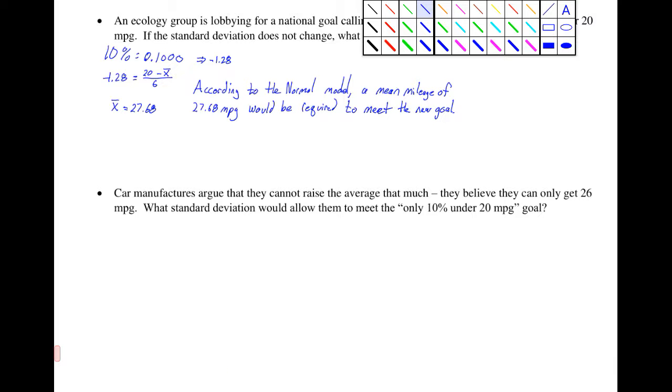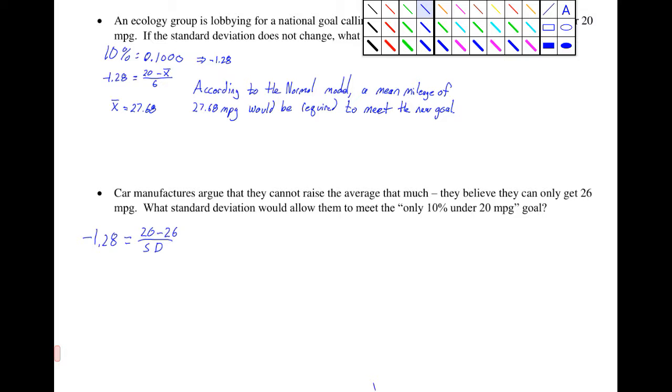So we still want that negative 1.28, which is going to equal 20 minus 26 over the standard deviation, which is what we're trying to find.